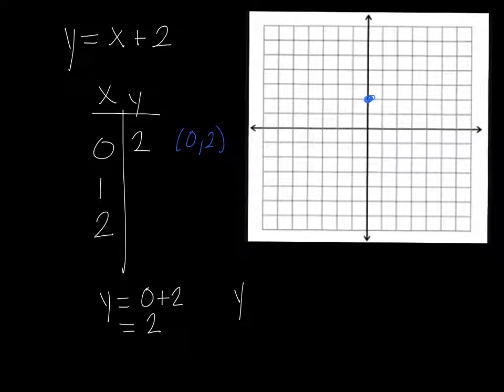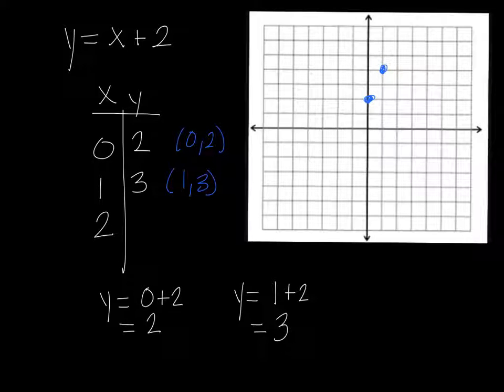Then I'm going to plug in 1. So plug in 1 for x. And 1 plus 2 is 3. So then we put 3 there, and that means I'm going to graph the point (1, 3). So we go over, x is 1, y is 3.